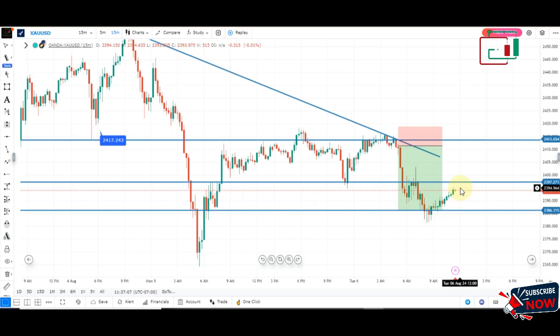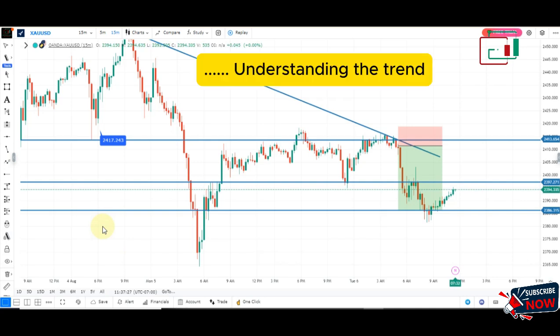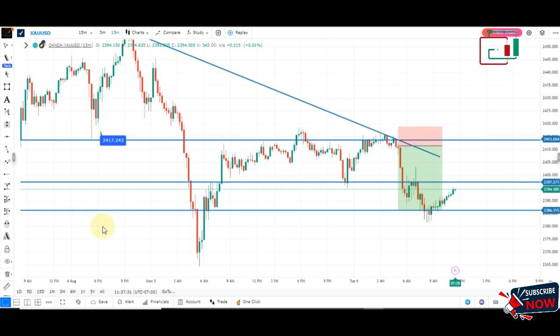So when you know the possible turning points in the forex market, it helps you to trade the trends and know where you may enter and where you may exit, to avoid falling into traps.